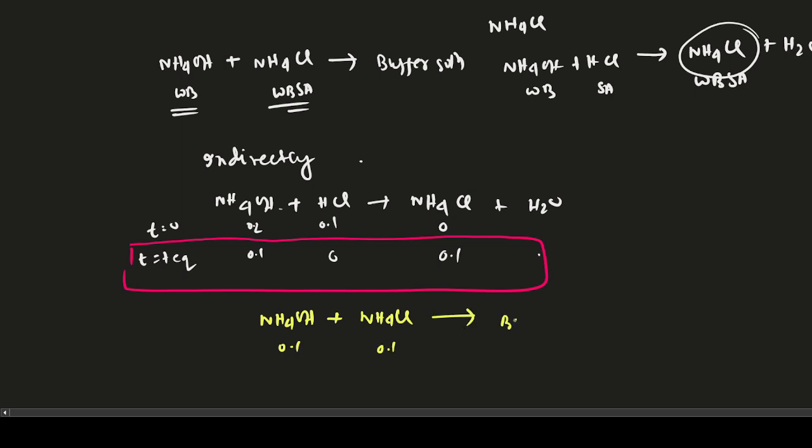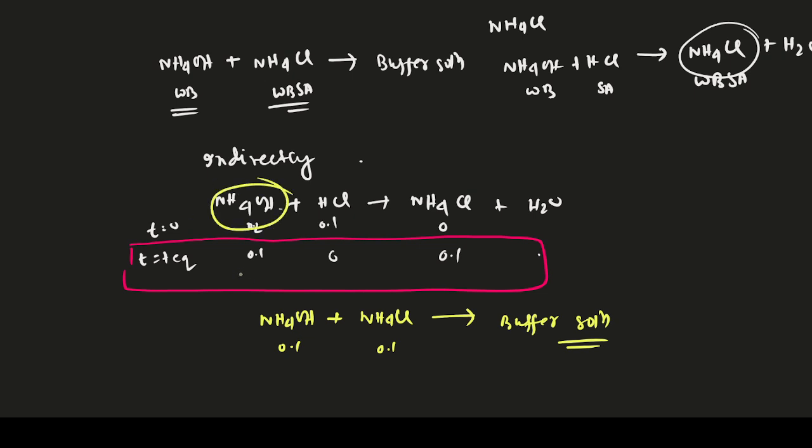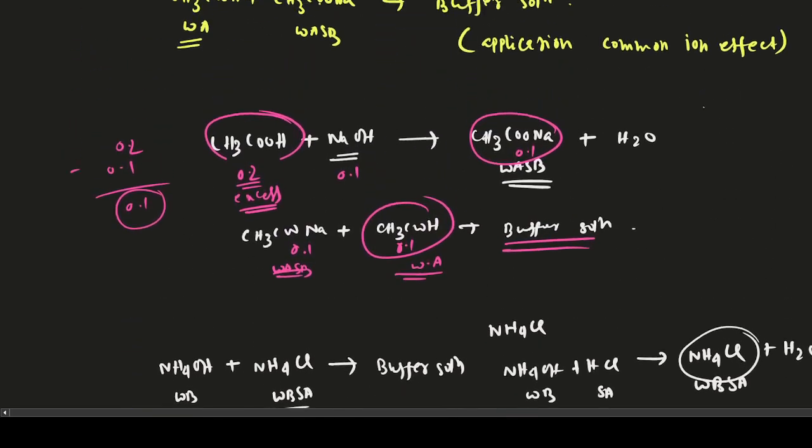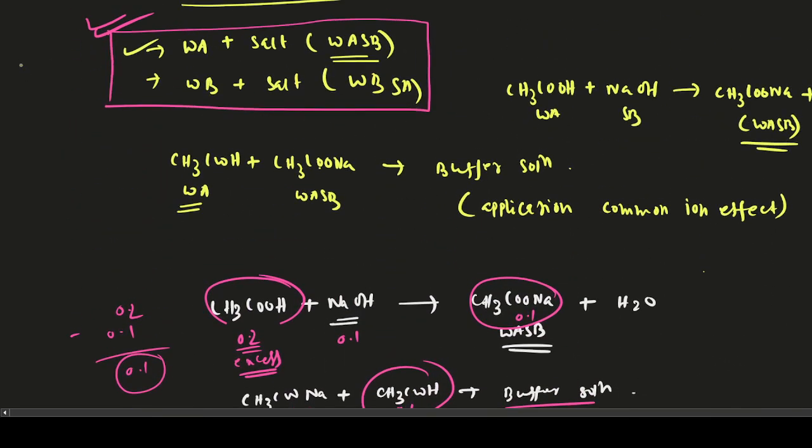Then we prepare the buffer solution. So the condition is that this has to be in excess, so that after the reaction it is still left, and you use these two and prepare the buffer solutions. So these are the indirect ways of preparing buffer solutions. This is the direct way of preparation of buffer solutions.